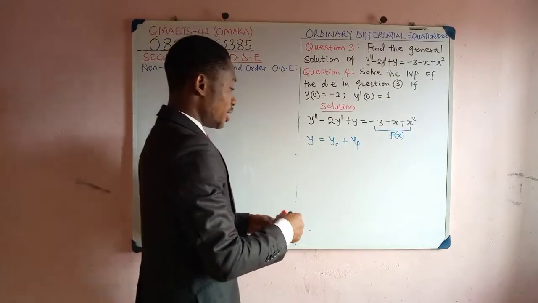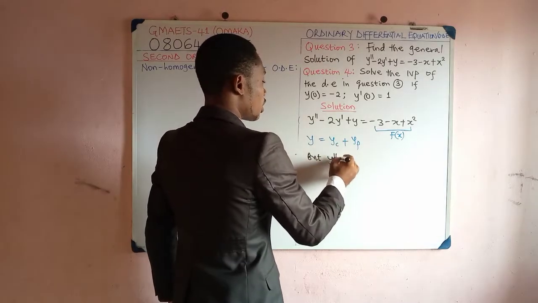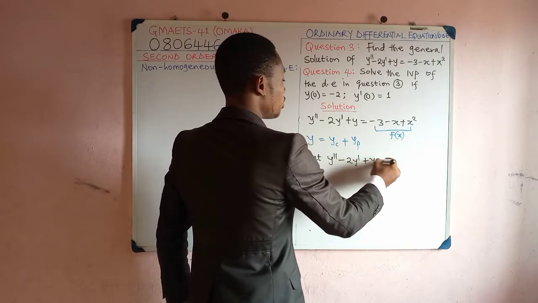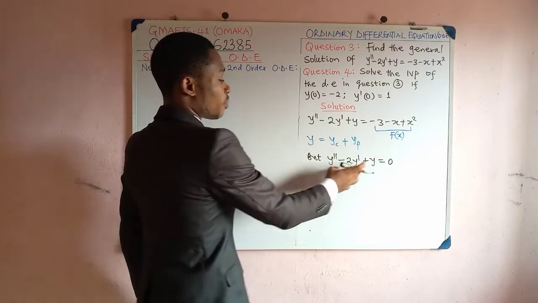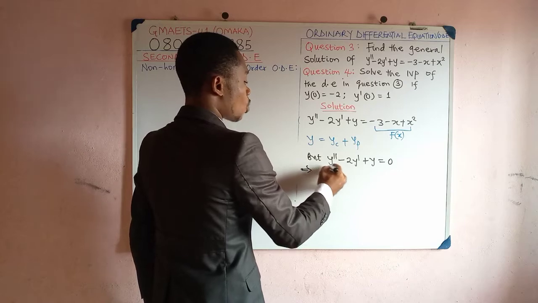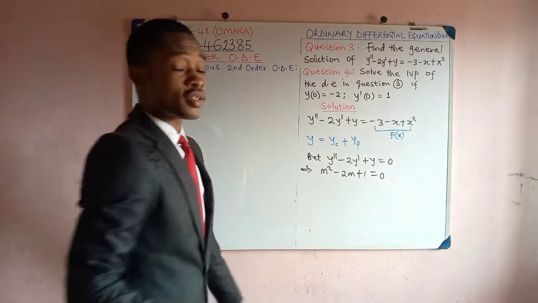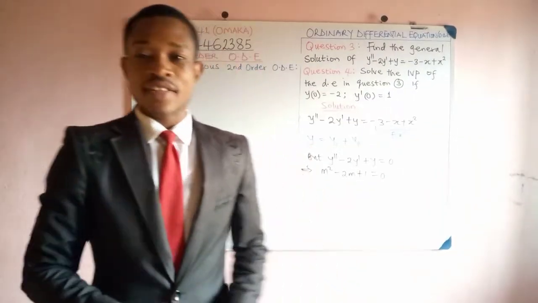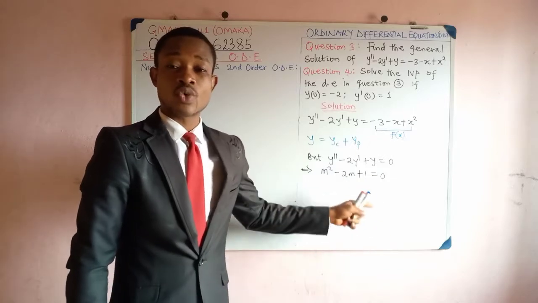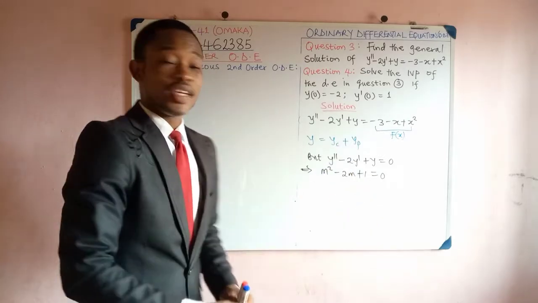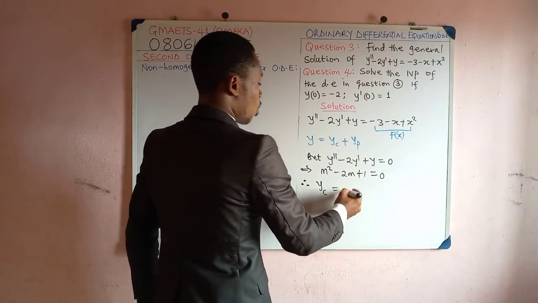To obtain our yc, we are going to solve y'' - 2y' + y = 0, so that we can get our complementary function. From here, the auxiliary equation is m² - 2m + 1 = 0. If you factorize this, you would see clearly that the factors will be (m - 1)², and so the root of the equation will be m = 1.